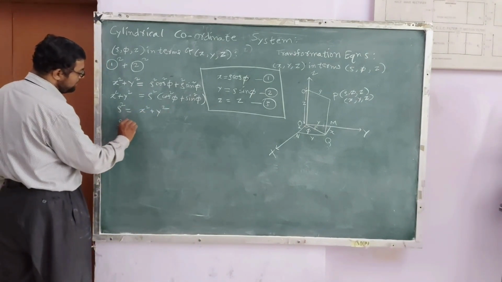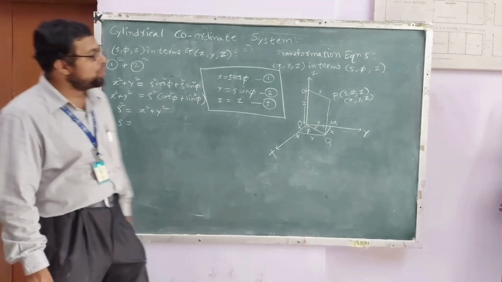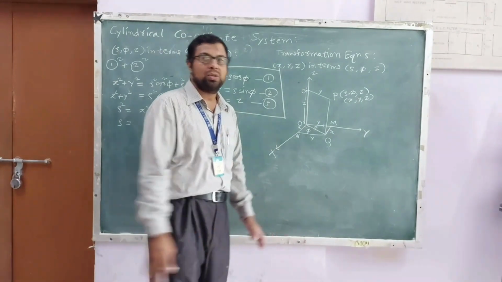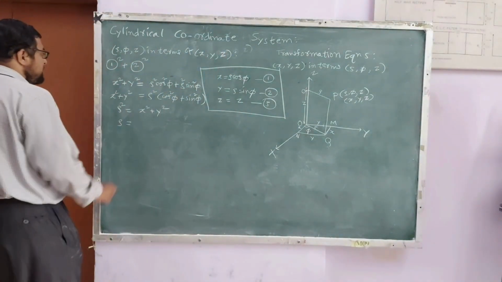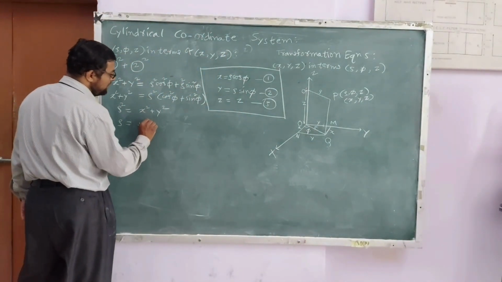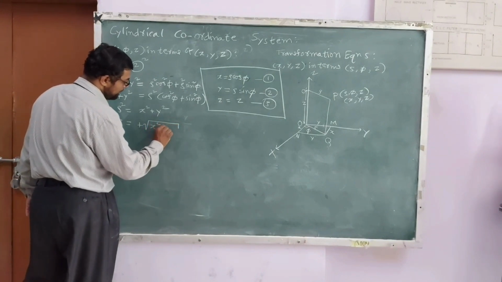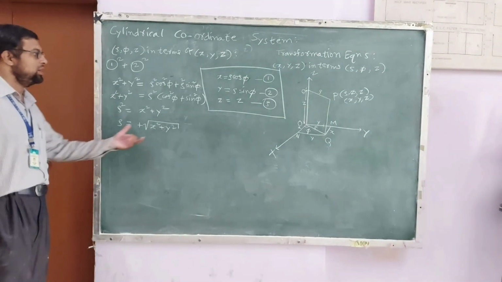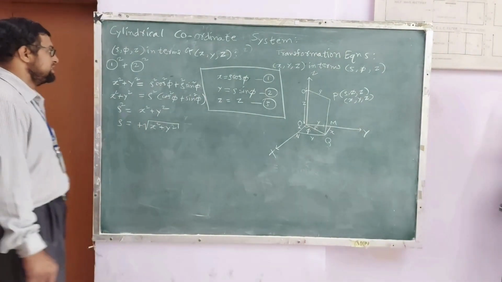Now what is rho here? Rho is nothing but the radius of this cylinder, and that cannot be negative, so it is always positive. Therefore we take the positive square root of x square plus y square. That is the rho, the radius of the cylinder in terms of Cartesian coordinates.